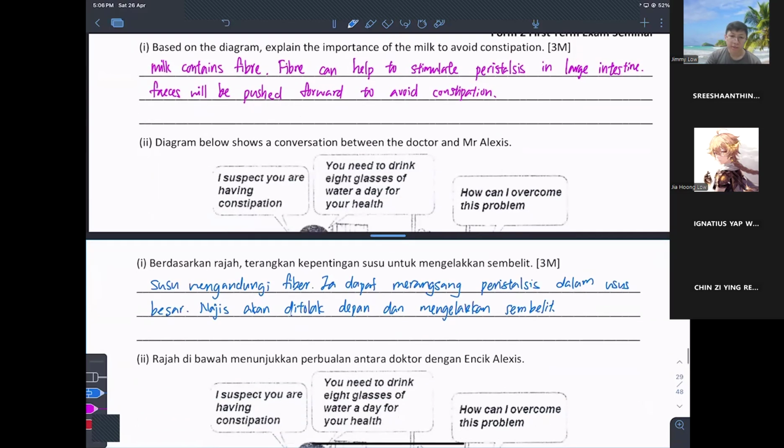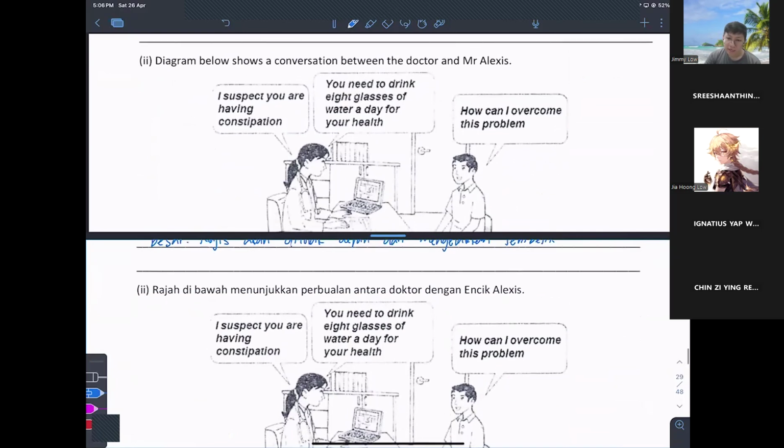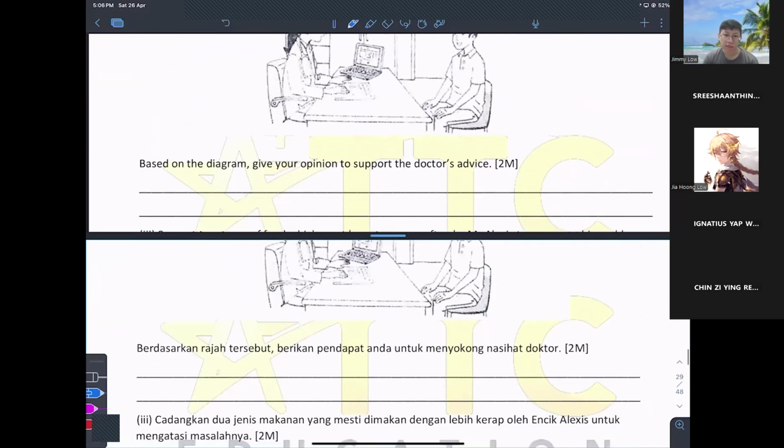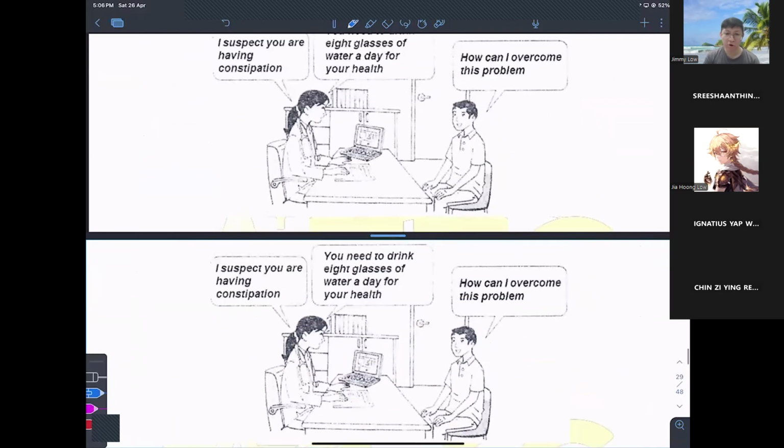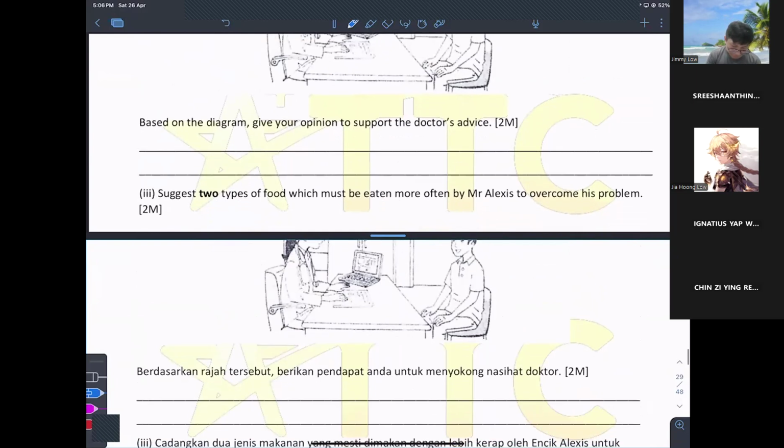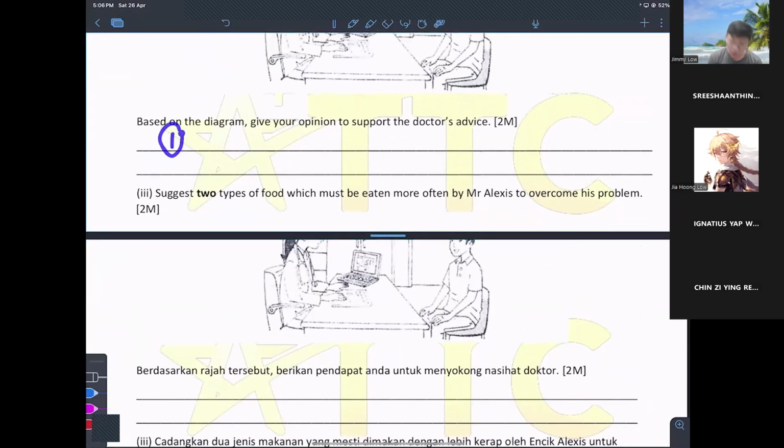All right. Then, same goes to here. The question says, give opinions to the doctor's advice. The doctor advised him to drink more water. So you have to advise based on what? The first point, you just say, drinking water can soften the feces. Minum air dapat melembutkan najis.